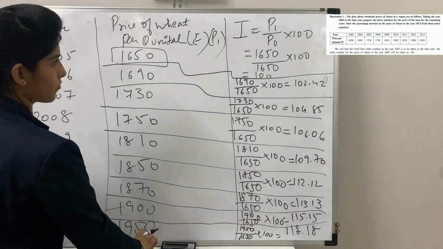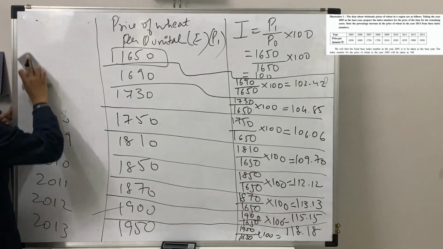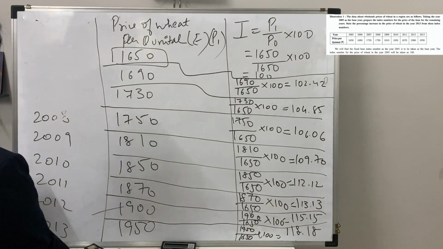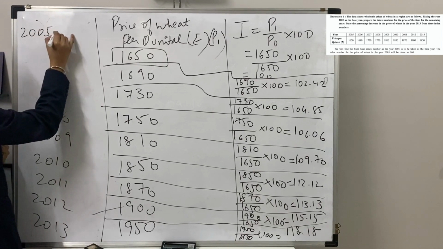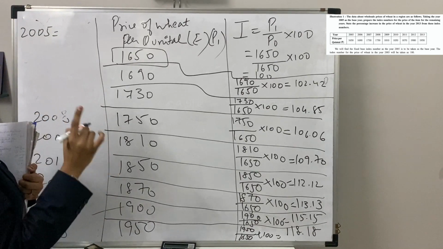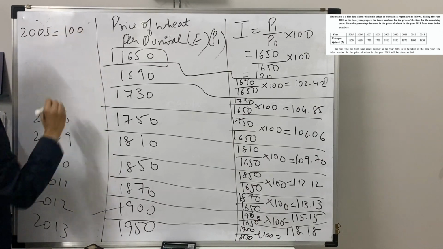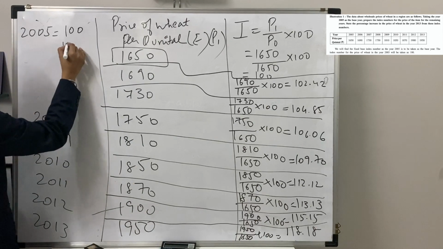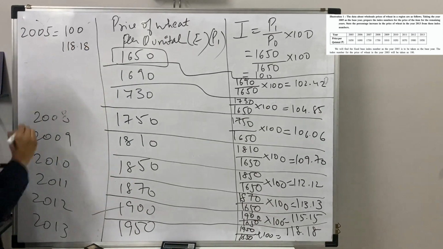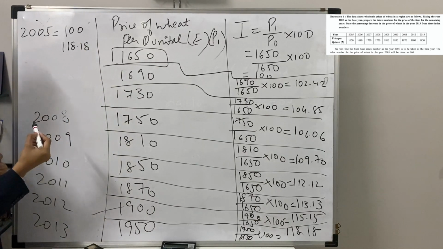Just a bit of conclusion for the same. The conclusion is that in the question itself we have assumed that for 2005 the index number is 100. At the end we got it as 118.18. That means from 100 it is increasing to 118.18.